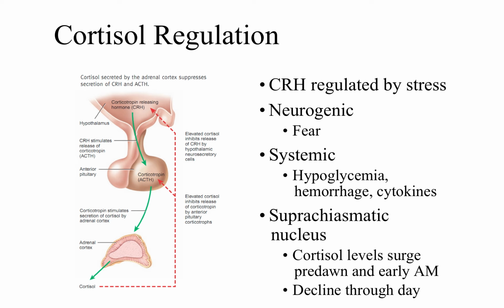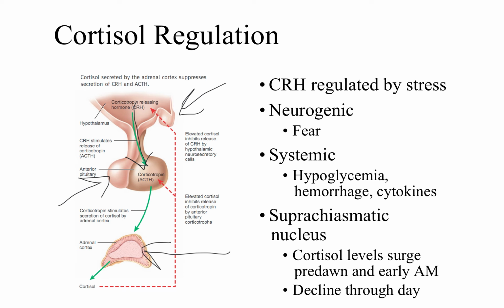So here's our hypothalamus, here is the pituitary, here's our adrenal cortex. When levels of cortisol are altered, we have CRH release by the hypothalamus that travels through the bloodstream down to the anterior pituitary.